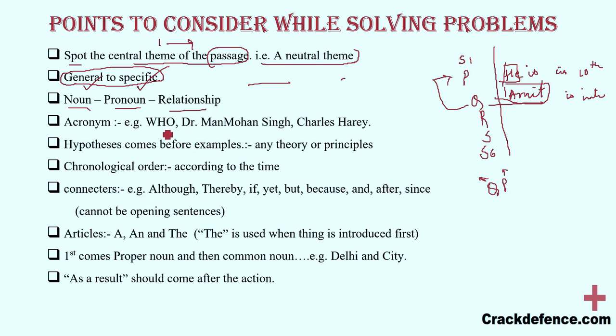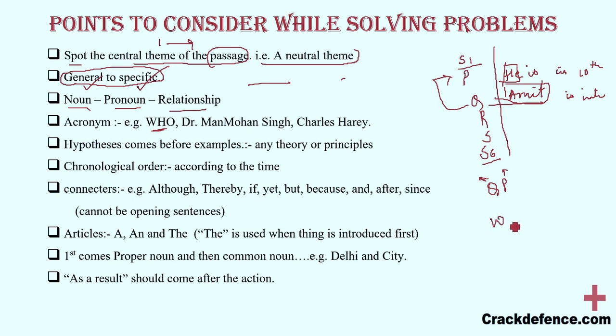Now acronyms. It's all about the short forms or abbreviations which we use. There will be a starting statement and an ending statement, and we will have P, Q, R, S. These abbreviations will not be used the first time. Whenever they want to introduce any person or organization, they will use the full form.